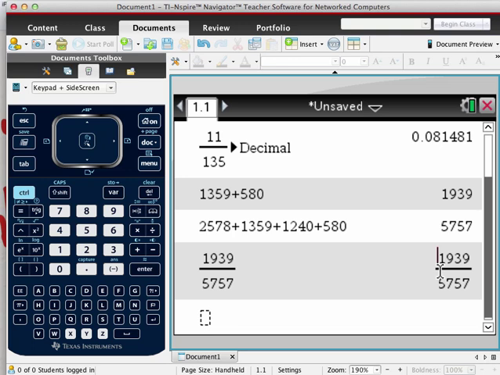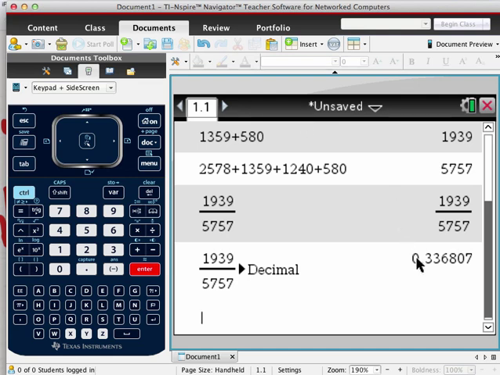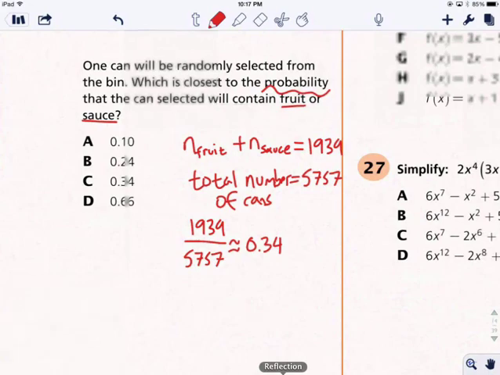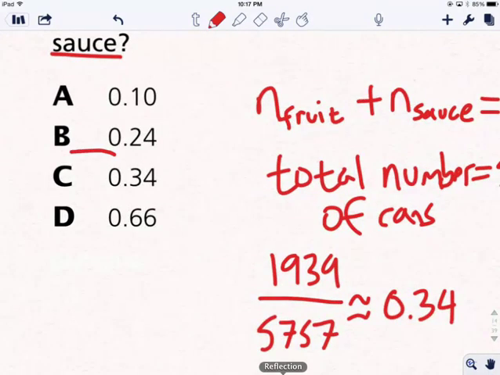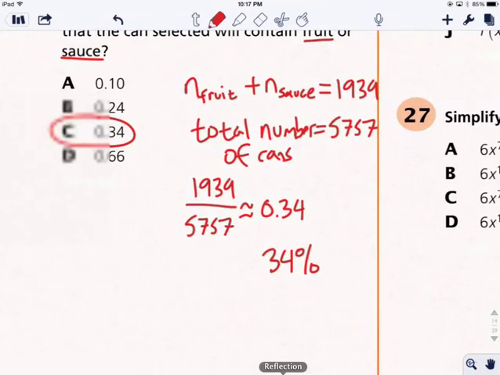Okay, duh. Thank you, TI Inspire. Take that guy, turn it into a decimal. So 0.34. I'm going to round that. About 0.34. Which answer choice does that correspond to? C. So what this is really saying is that you have about a 34% chance of selecting either fruit or sauce.